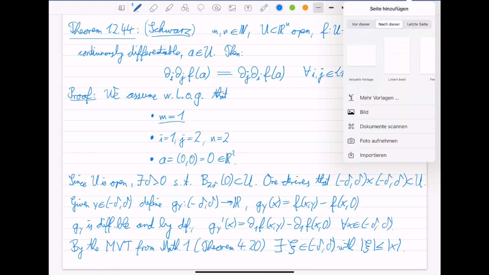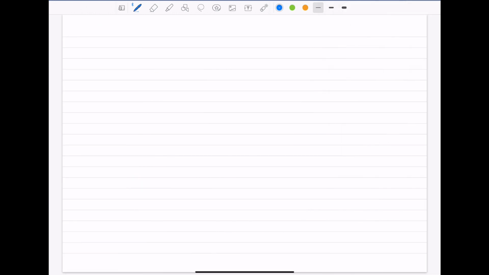Let me maybe leave this page as it is and take a new one. So given such psi, such that this mean value property holds, namely such that gy of x minus gy of 0 is equal to the derivative gy prime in psi times x minus 0.